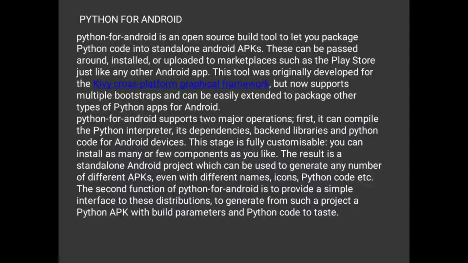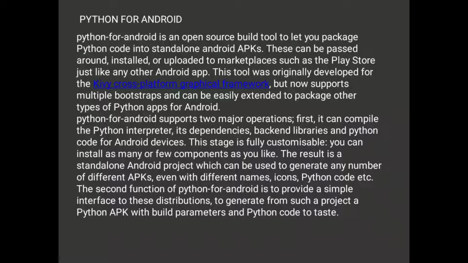Python for Android supports two major operations. First, it can compile the Python interpreter, its dependencies, backend libraries, and Python code for Android devices. This stage is fully customizable. You can install as many or few components as you like.